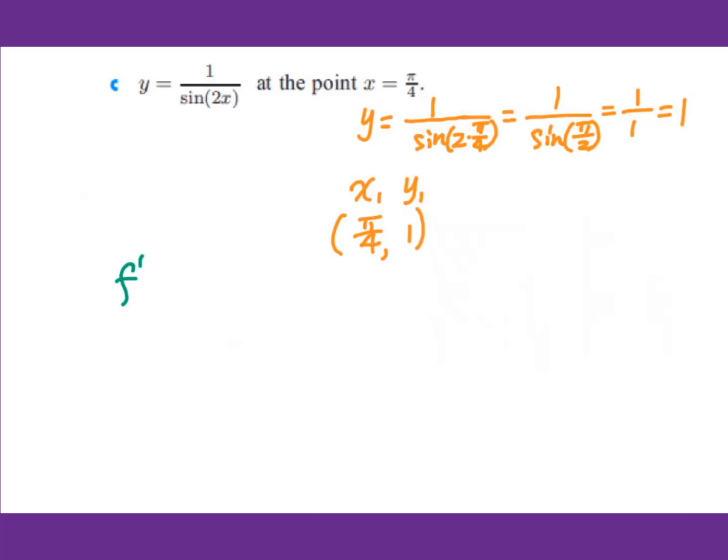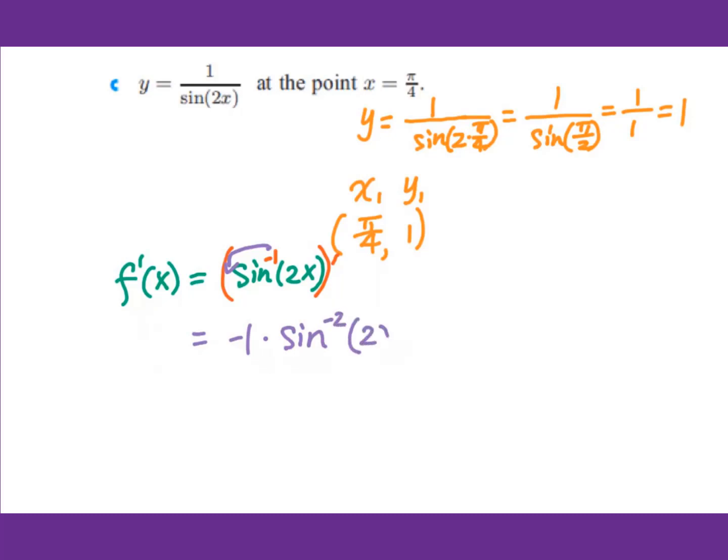We need to get the derivative of f of x, that is sine 2x to the negative first power. Then we do the derivative. You have to use the power rule first: negative 1 times sine 2x to the negative second power.